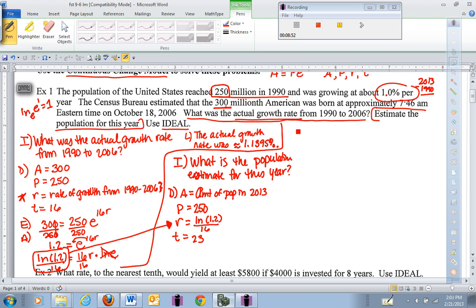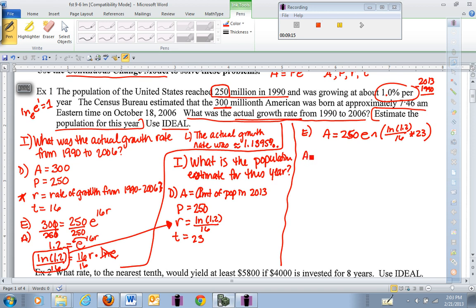Okay. Now, come over here. I'll keep going. Okay, so my equation is going to look like a PERT equation. A equals P e to the natural log of 1.2 divided by 16 times 23.